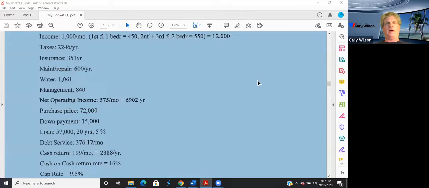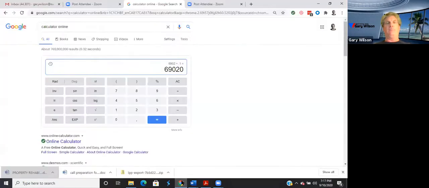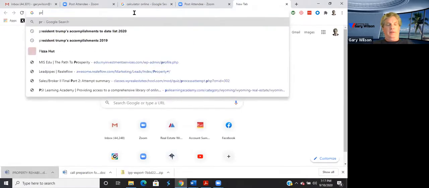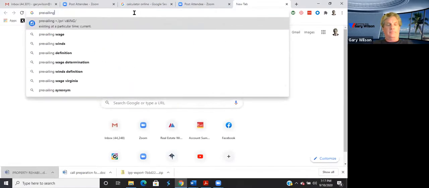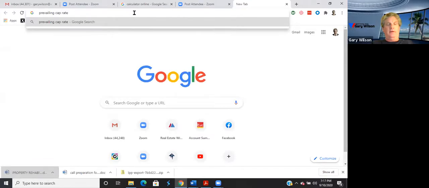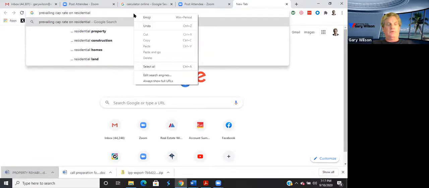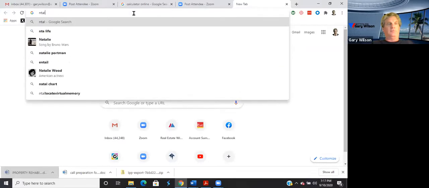Tom Sebastian, how do you get the prevailing cap rate? So what I would do, Tom, is, I mean, literally, I'll just show you. If I'm in an area that I'm not familiar with, I would just type in here prevailing cap rate on residential rentals. Whoops, that stinks.